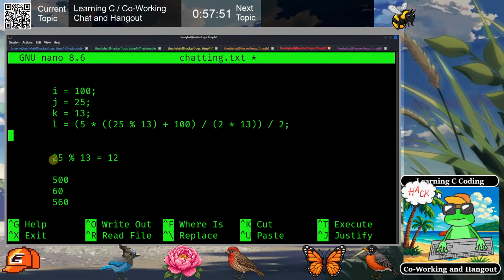We calculated 25 modulo 13 to be 12, and then we added it to 100 because we have to calculate everything in the parentheses first. So this should be 112. And then this one is 2 times 13, which is 26.